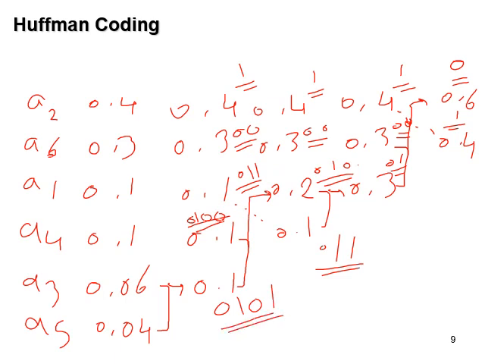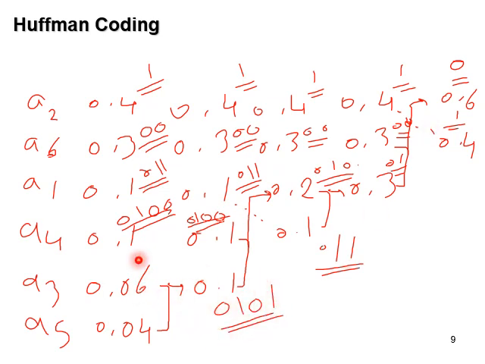Okay, going back one more level, here the code is 1, this code here is 0, 0, taking the code of the 0.3. The 0.1 in the previous level was 0, 1, 1, it's the same 0.1, and then this now is 0, 1, 0, 0, and the last value, which is 0.1 here, has a code of 0, 1, 0, 1.